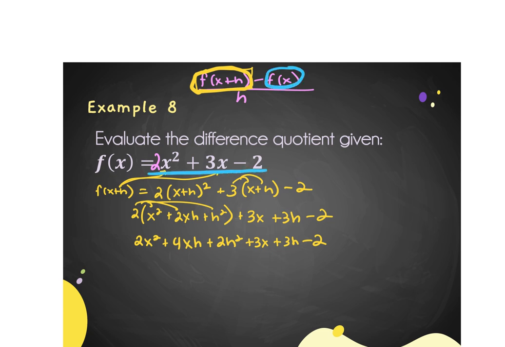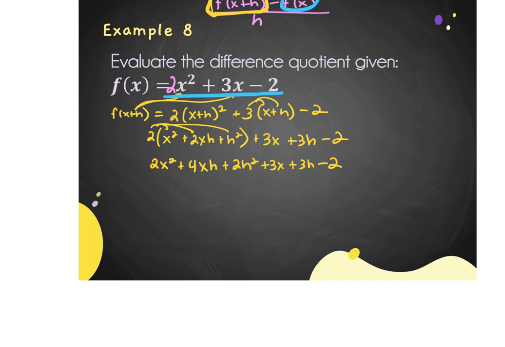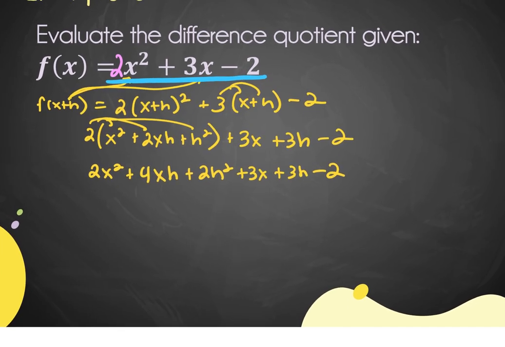So I'm going to take each of these, I'm going to change their signs and align them with the ones they're going to cancel. So negative 2x squared, negative 3x, positive 2. Change the sign, align them with the ones they're going to cancel, which would be their like terms. Cancels, cancels, cancels.